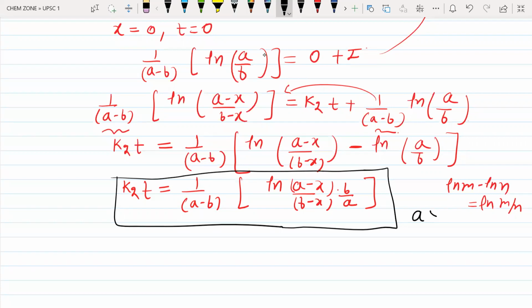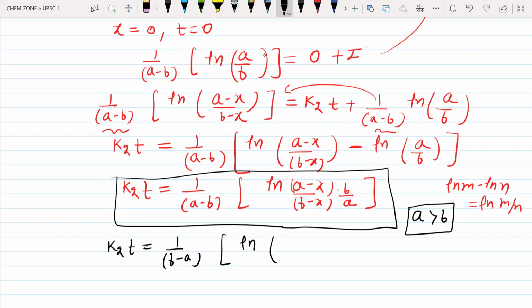This is the scenario when the concentration of A is more than B. And if we are assuming the concentration of B is more than A, then this equation can be given as, hence we prove the point how we can calculate the value of rate constant when both the reactants are having different concentration.